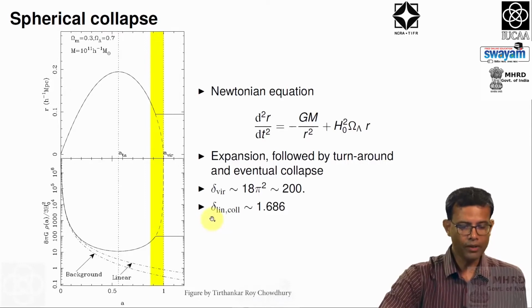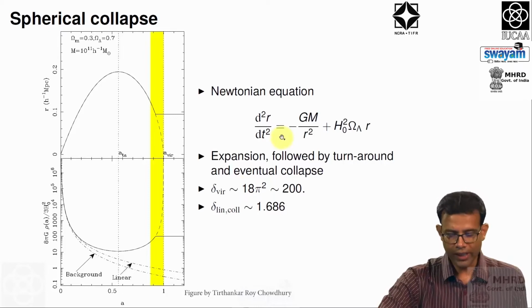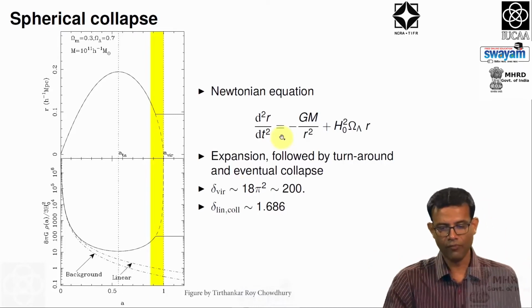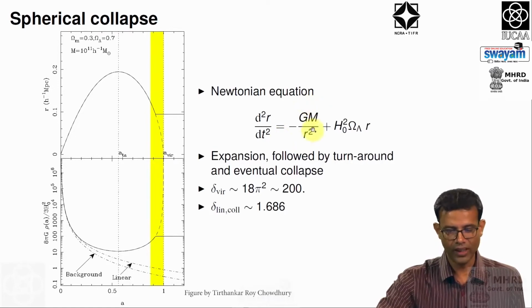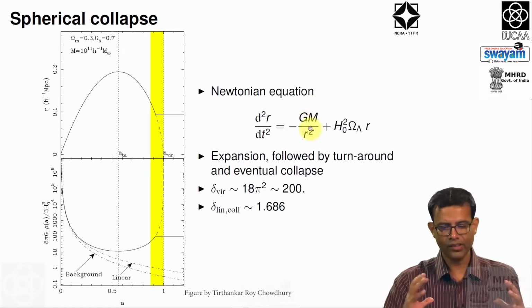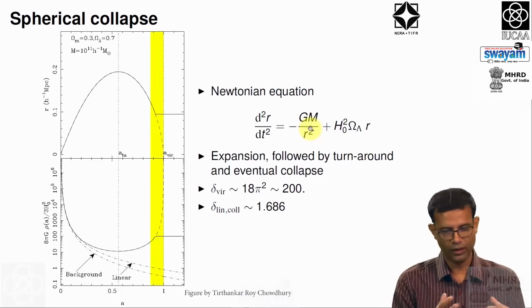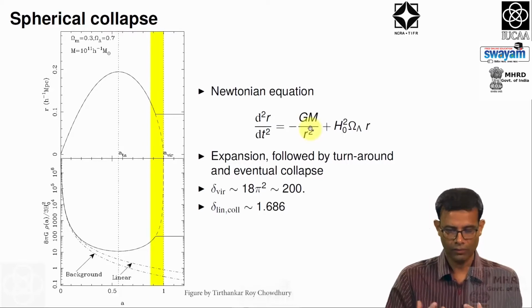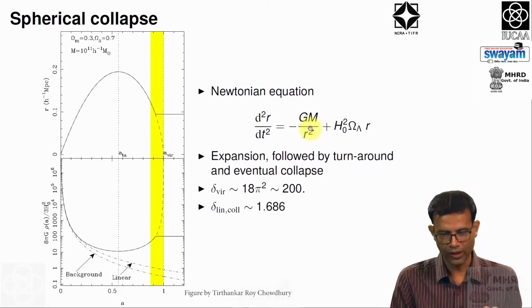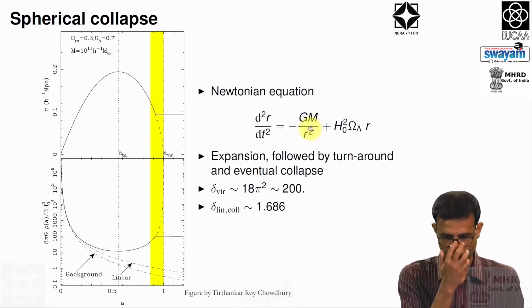This is the plot which shows the solutions for spherical collapse. So, for spherical collapse, essentially what you do is you take a region of mass m, you say that is a spherical region, and that is just kind of getting isolated from the rest of the universe and is behaving in its own way. So, we want to study how it grows, or how the density grows, how it collapses and so on.